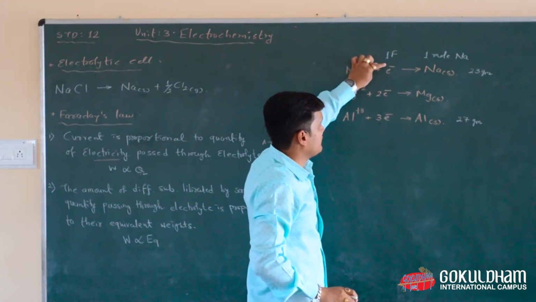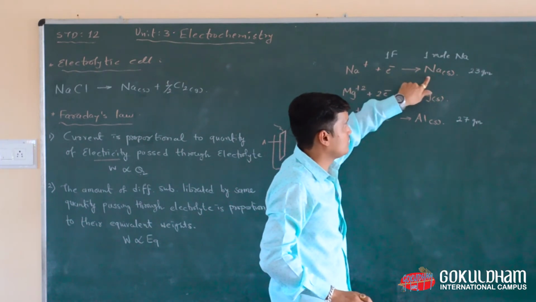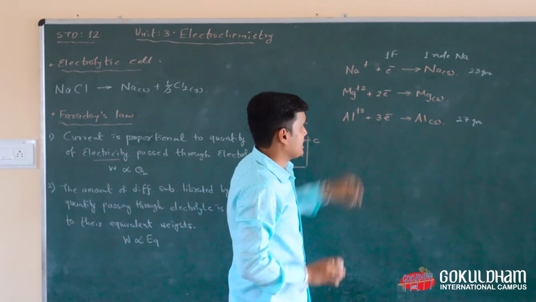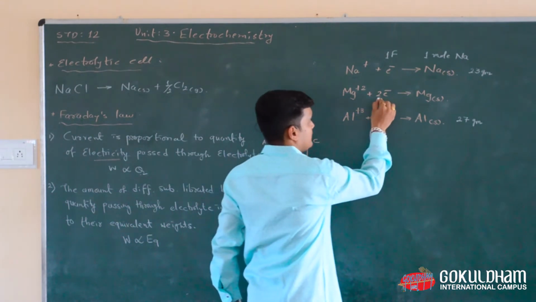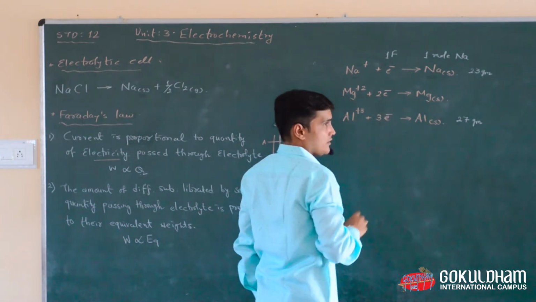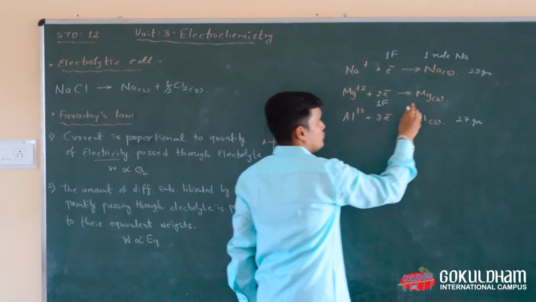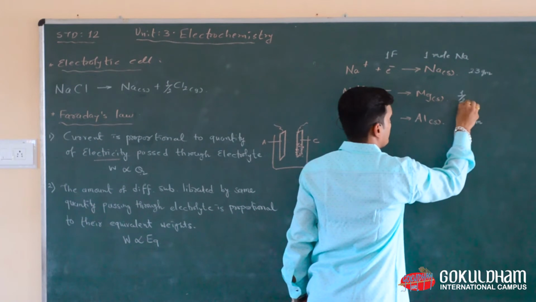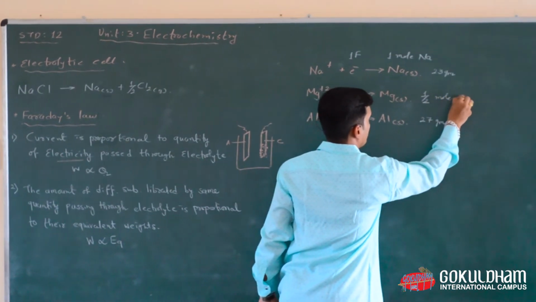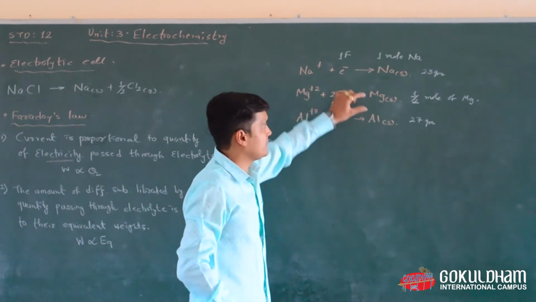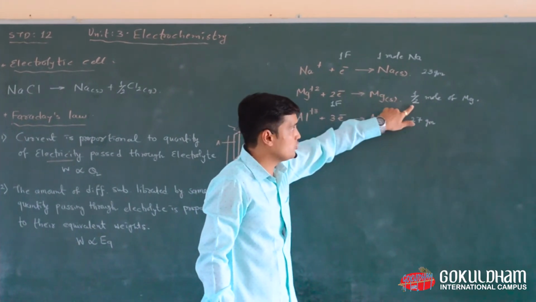1 Faraday will give 1 mole of Na. But in the second case, there are 2 electrons. If we apply 1 Faraday, then you will get 1/2 mole of Mg, since the atomic weight is divided by 2.